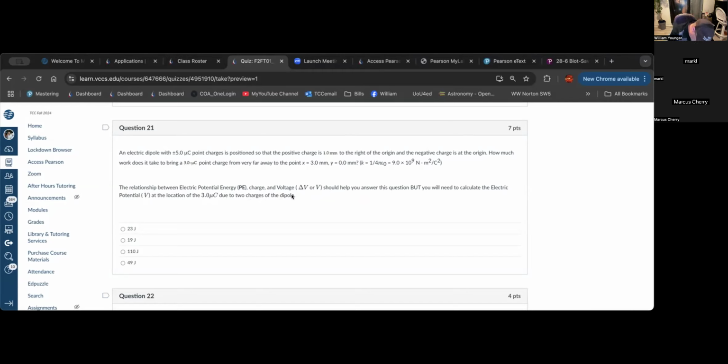The equation we're going for, I'll write this way, solution, and work is equal to the question mark, and that's bringing the 3 microcoulomb charge. I know I haven't shared the thing with you yet, but I want to write down this stuff real quick. Okay, so let me kill this. I think I have everything I need.